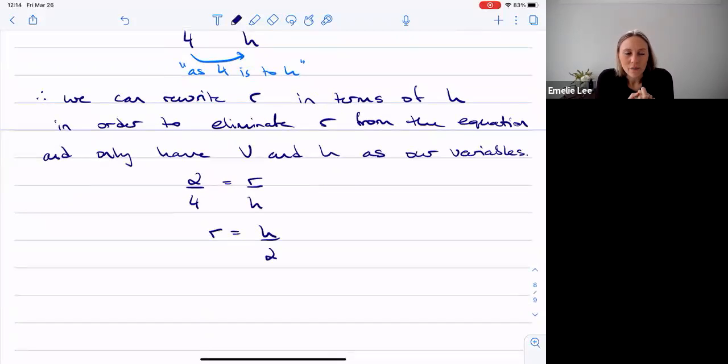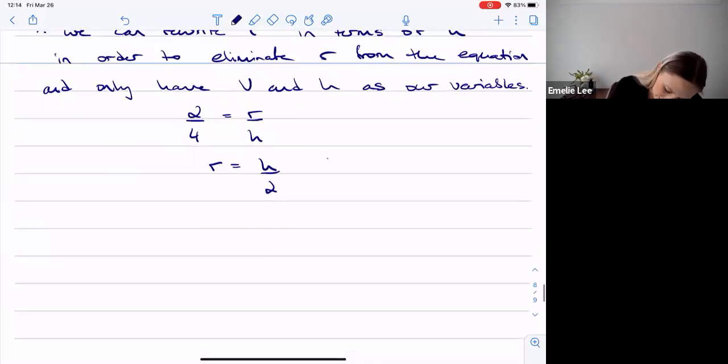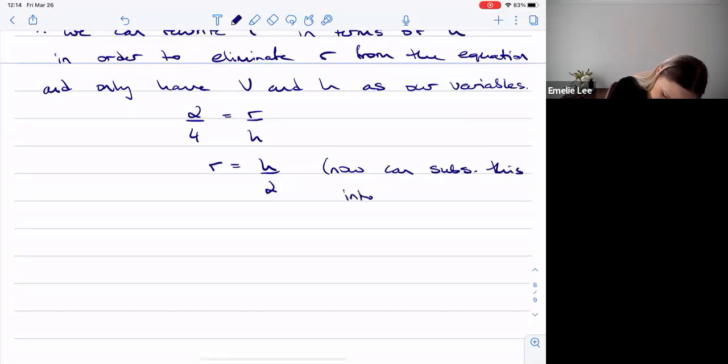So now I can use that in my volume equation, right? So now we can substitute this into the volume equation.